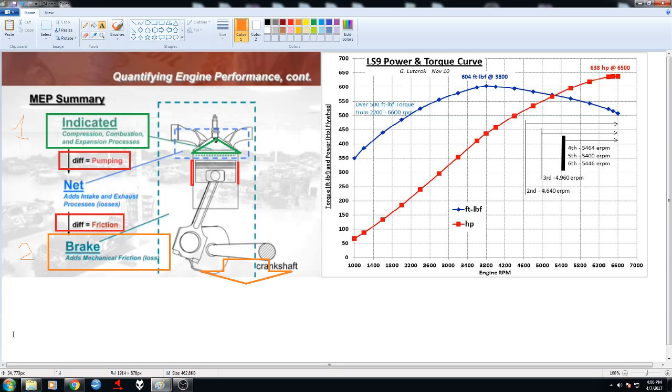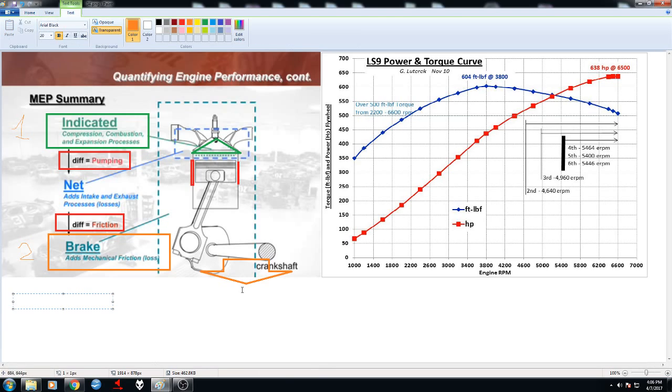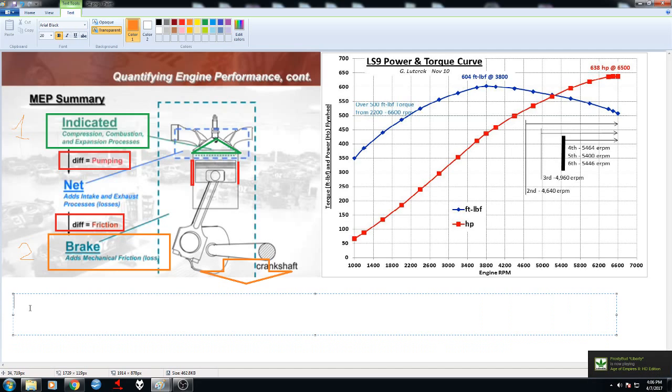Let me rewrite the formula to how we should see and view it as of right now. Indicated horsepower minus pumping would equal the new player, net. That's your net mean effective pressure.